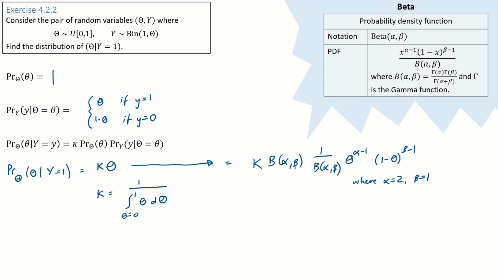I wrote it like this so that it matches precisely with the PDF that Wikipedia told us about. Our formula is kappa times theta, so let's call it theta to the power of alpha minus 1, where alpha is 2, and let's just invent a 1 minus theta to the power of 0 term, i.e. a constant, so that it matches up with the Wikipedia PDF.